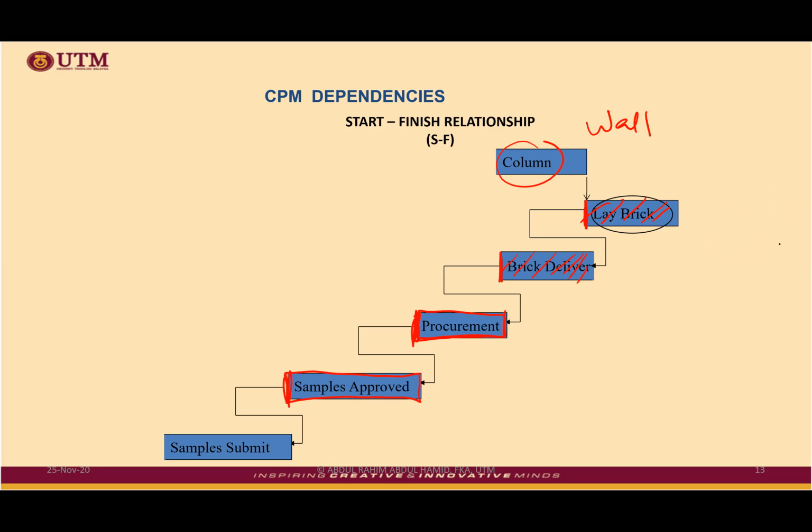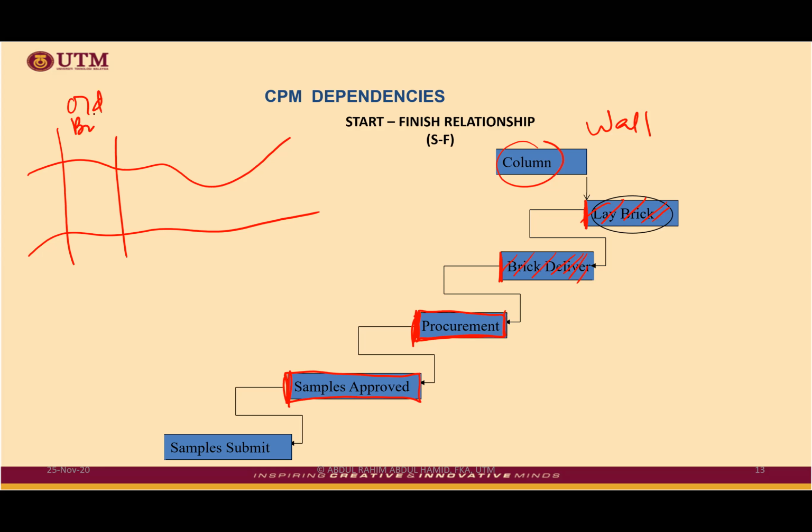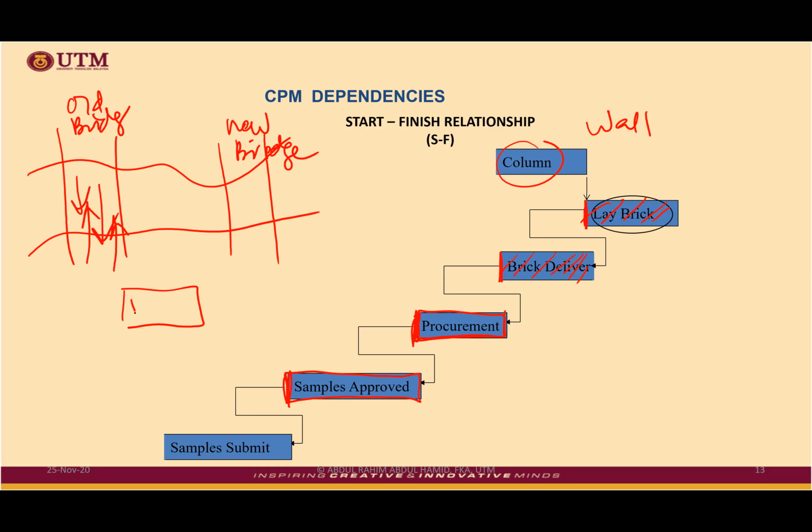But another example, let's say you do have a river, you do have what we call an old bridge, where cars are still using this bridge. Then at the same time, you are constructing a new bridge, and then later on you need to demolish the old bridge.